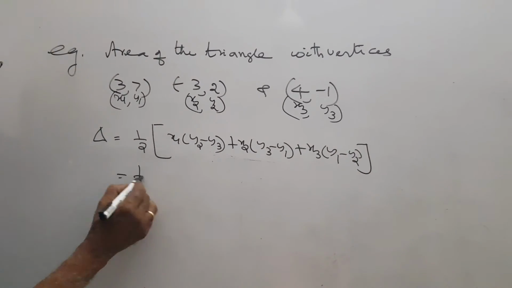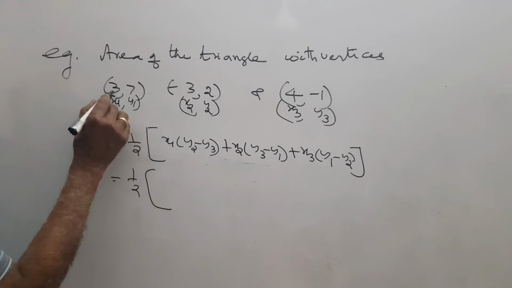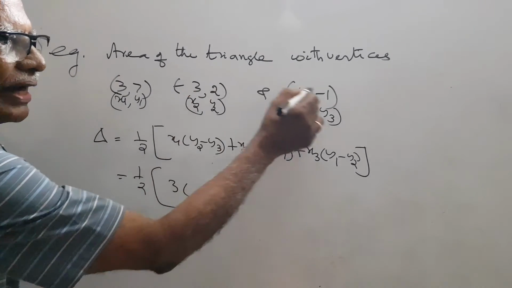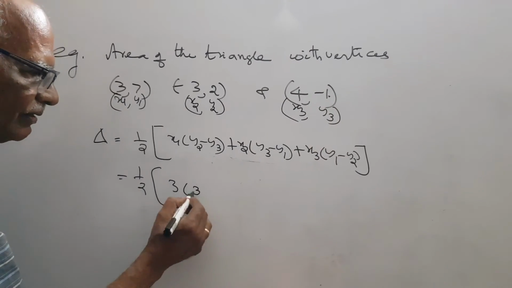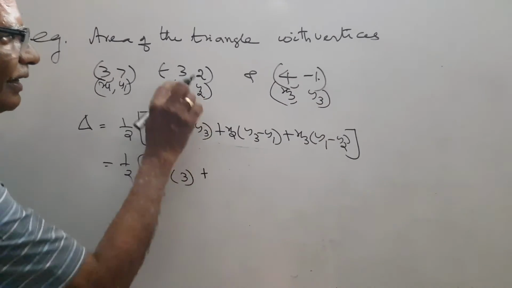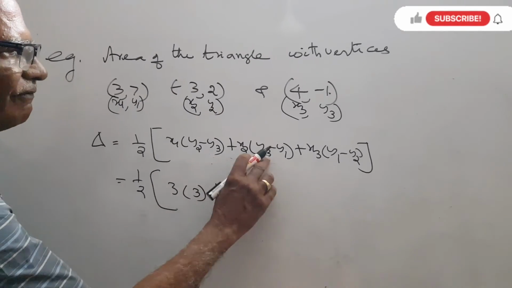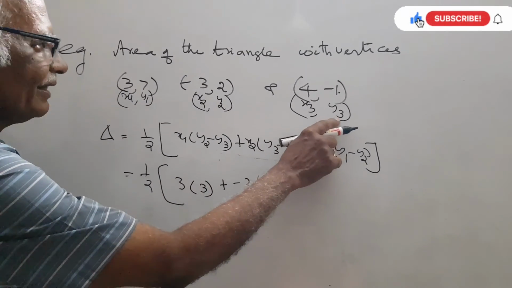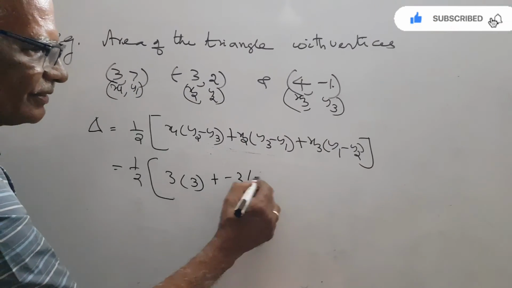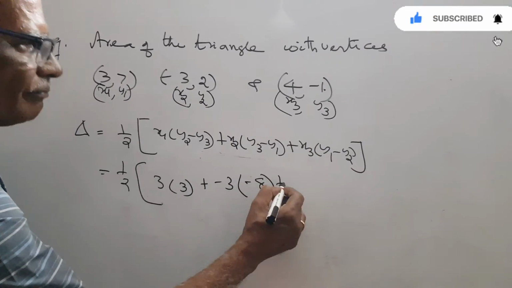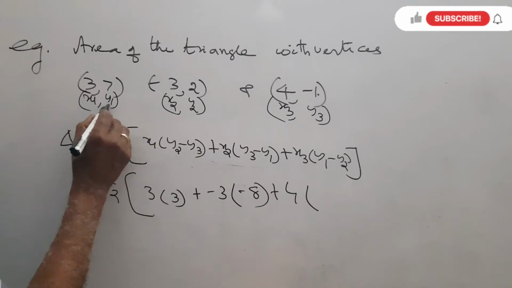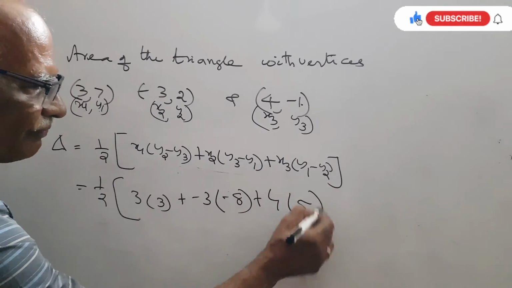So this is half, x1 is 3, y2 minus y3: 2 minus minus 3 is 5. Wait, so 3 into 5 plus x2 is minus 3, y3 minus y1, minus 1 minus 7, so it is minus of 8, plus x3 is 4, into y1 is 7, minus 2 is 5.